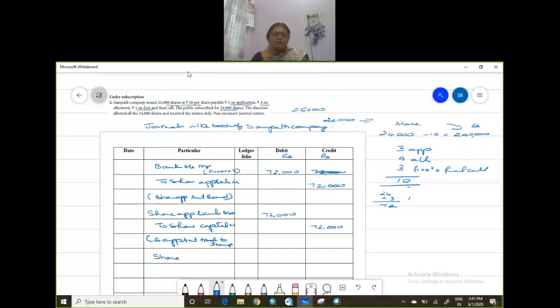Share allotment is due. Share allotment account debit to share capital. How much is the amount? 24,000 into 4. Right? So 24 into 4. 4 4s are 16.